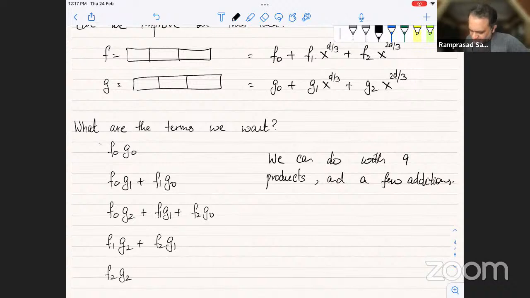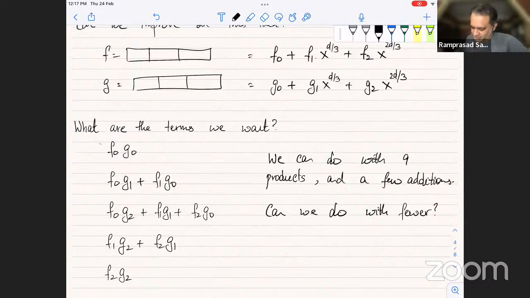Again, we want to know, can we do with fewer? Like last time, instead of computing 4 products, we somehow managed to get away with computing 3 of them. So now instead of computing 9, can I get away with computing something substantially better than 9?